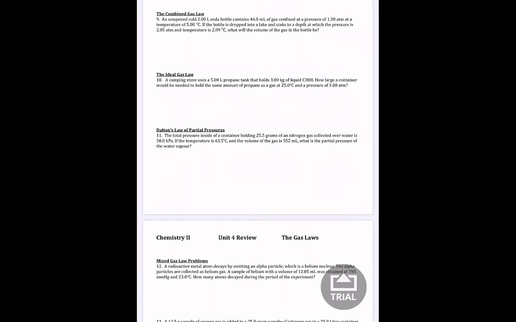Or no, let me see here. Partial pressure of the water vapor. The temperature is 63.5 degrees. The volume is 552 milliliters. What is the partial pressure of the water vapor? So 552 milliliters is the volume. 63.5 degrees is the temperature. The total pressure is 50 kilopascals.